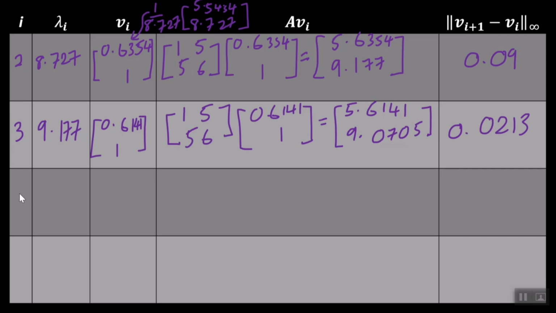So in our fourth iteration, lambda would be the highest magnitude of the entry, which is 9.0705, and V4 would be 1 over lambda multiplied by AV, and this gives us 1 here, 0.6189.